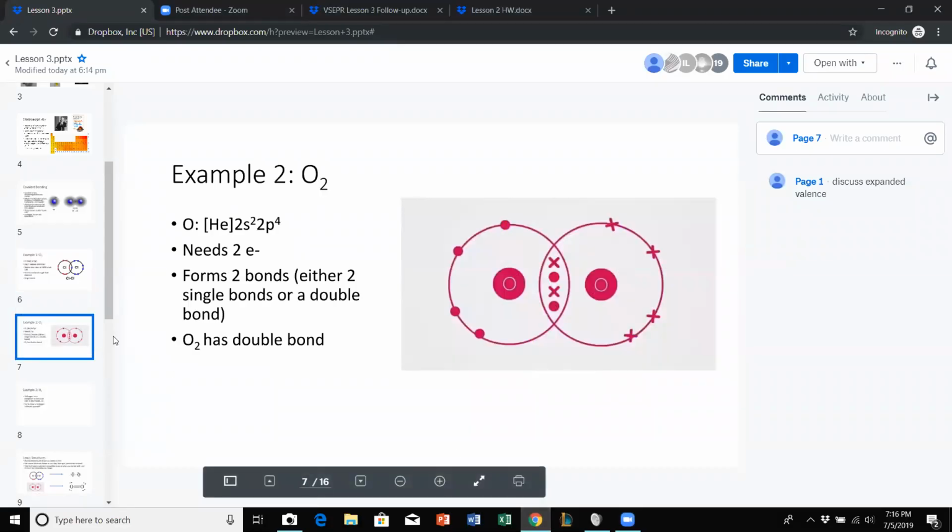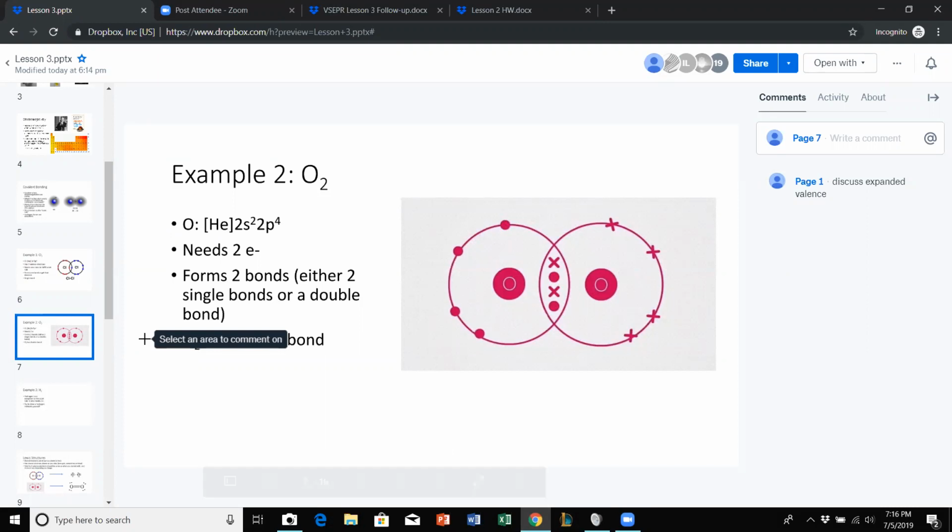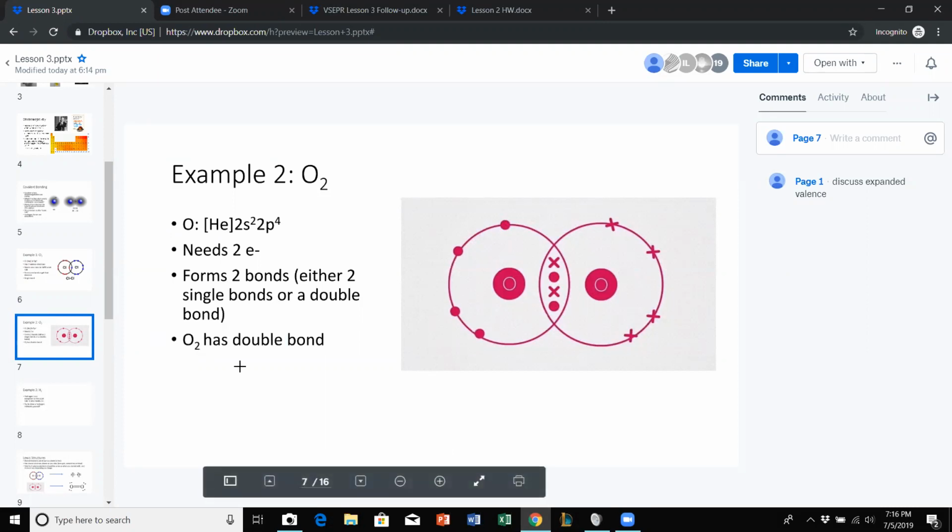Let's look at a slightly more complicated example. Dioxygen, so this is the stuff we breathe. Here's the electron configuration of oxygen. As you can see, we have 6 valence electrons, so we need 2 more electrons. So oxygen can form 2 bonds.